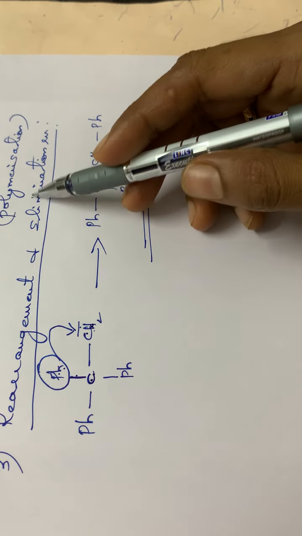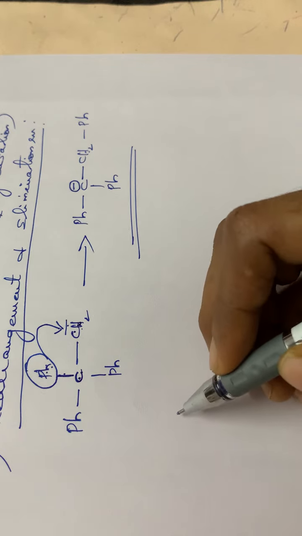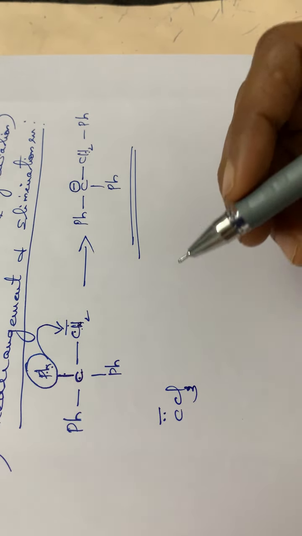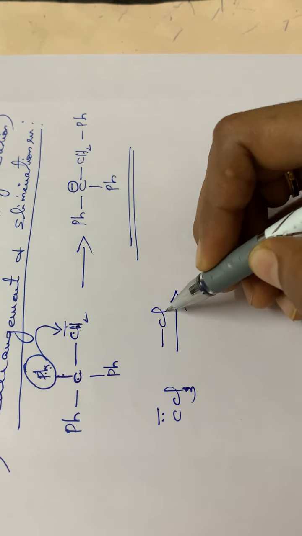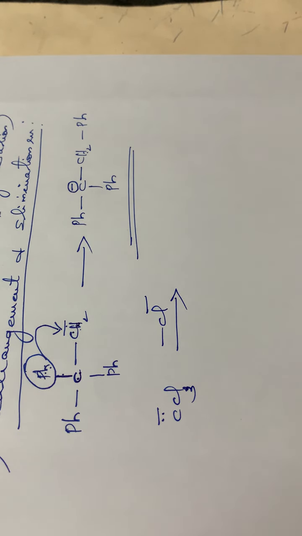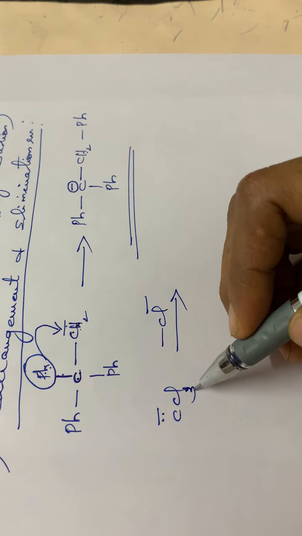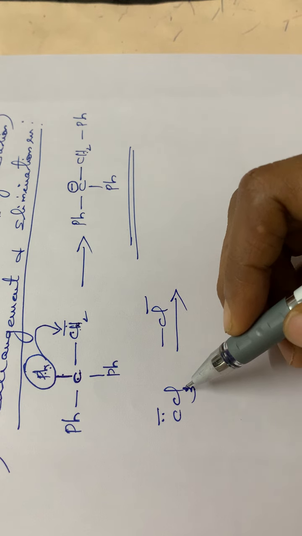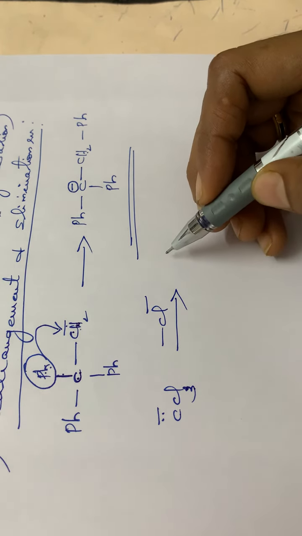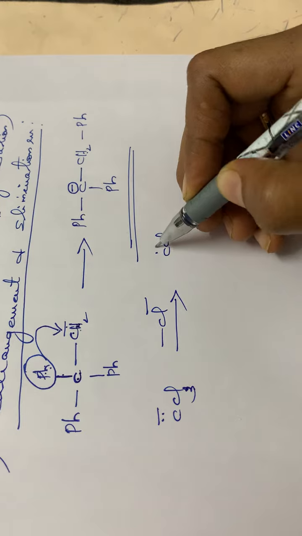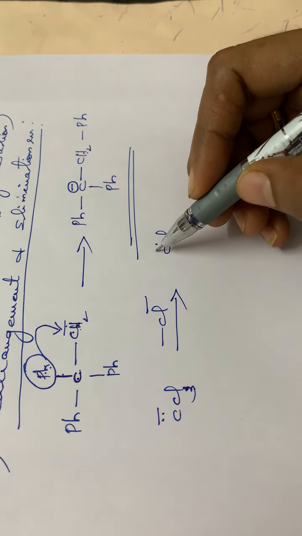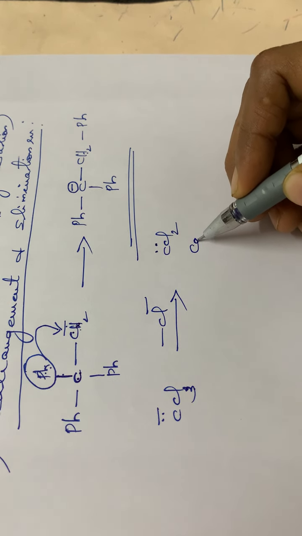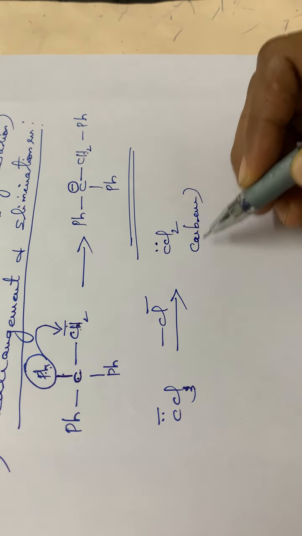Then one more is the elimination reaction. Elimination reaction means CCl3 negative charge with an electron pair. From this trichlorocarbanion, one Cl minus will be eliminated. So it becomes CCl2 with an electron pair, and this CCl2 is a carbene, that is a carbon with an electron pair.